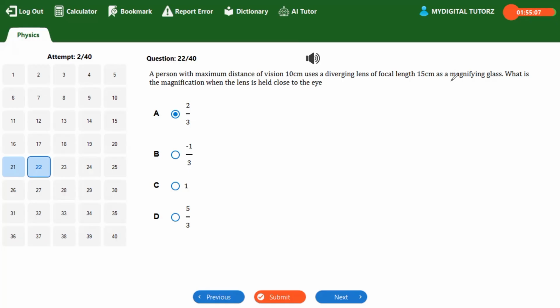But because an instrument is used here, the magnifying glass, we'll be talking about angular magnification, capital letter M, that is angular magnification. So this is what we're talking about here, please. It's not linear magnification.